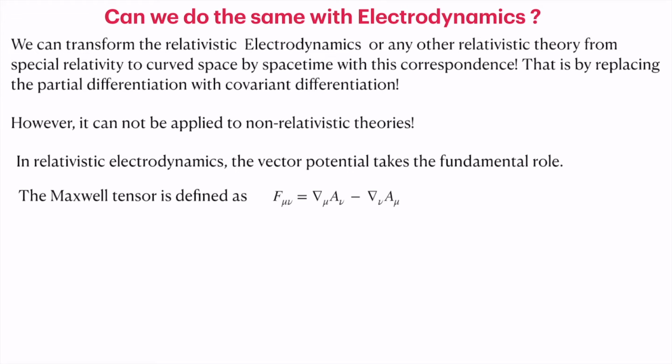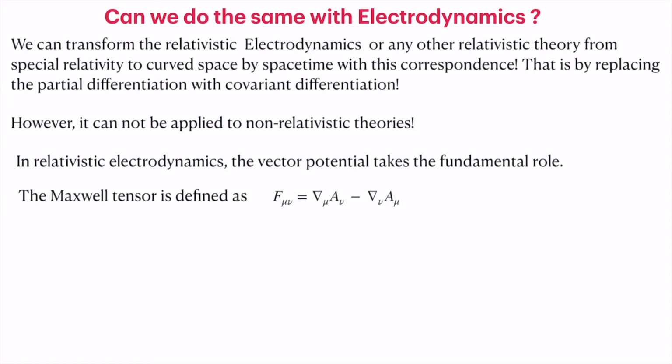The first component of the vector potential is the electric potential, and then you have a 3-dimensional magnetic vector potential as the spatial component. Once we have that, we can define what is called the Maxwell tensor, which is a second rank tensor, given as ∂_μ A_ν minus ∂_ν A_μ. You can clearly see F_μν is an antisymmetric tensor, and in this special case it doesn't matter whether you use an ordinary derivative or a covariant derivative.